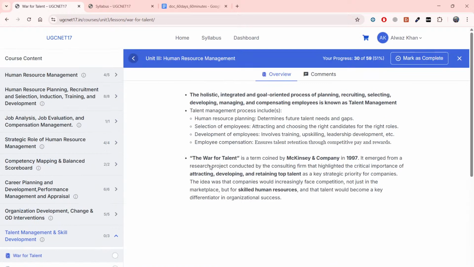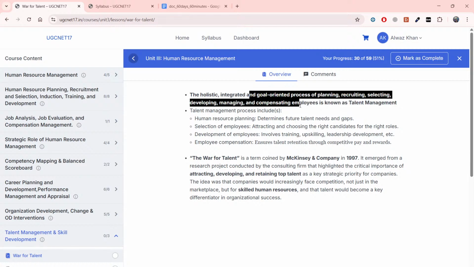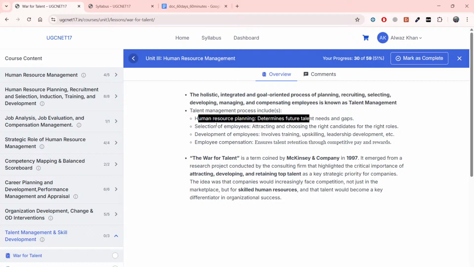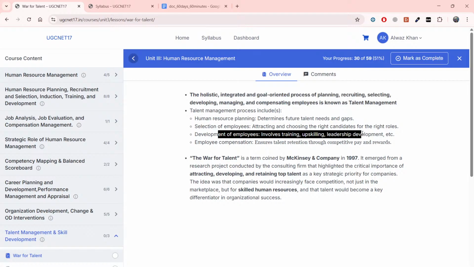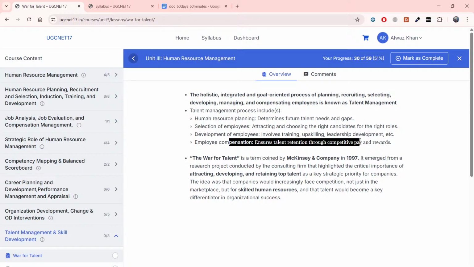Now third is first, war for talent. The holistic, integrated and goal-oriented process of planning, recruiting, selecting, developing, managing, and compensating employees is known as talent management. Talent management includes human resource planning, selection of employees, development of employees, employee compensation.